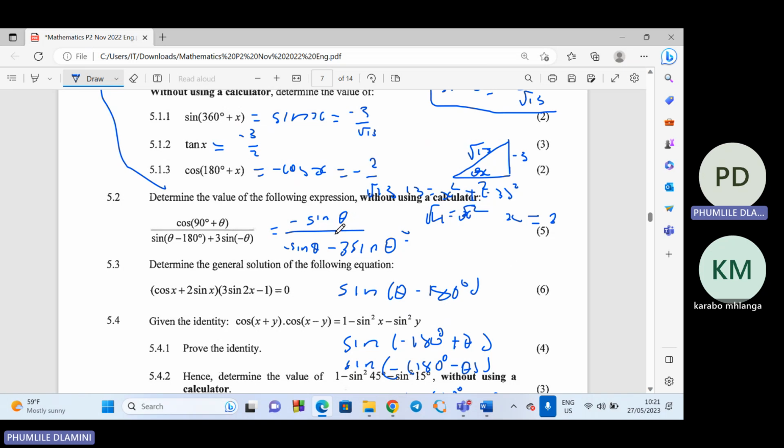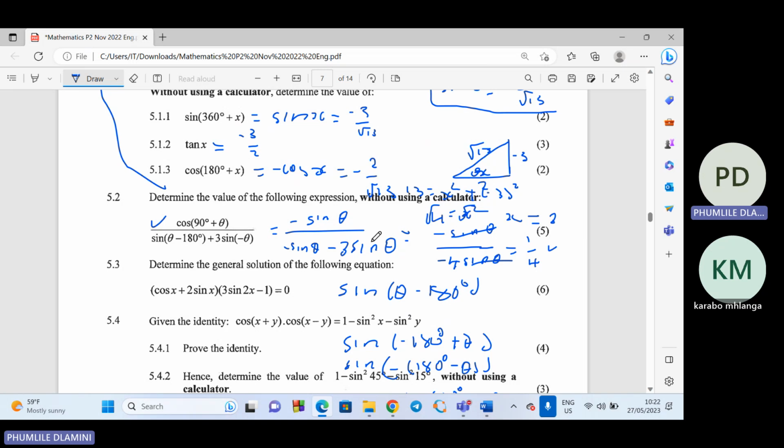So we can write this identity as negative sine of theta over negative 4 sine theta. This one here will cancel with this. Then you are going to be left with negative 1 over negative 4, which you can write as 1 over 4. So the answer for this is 1 over 4. We just work it out properly.